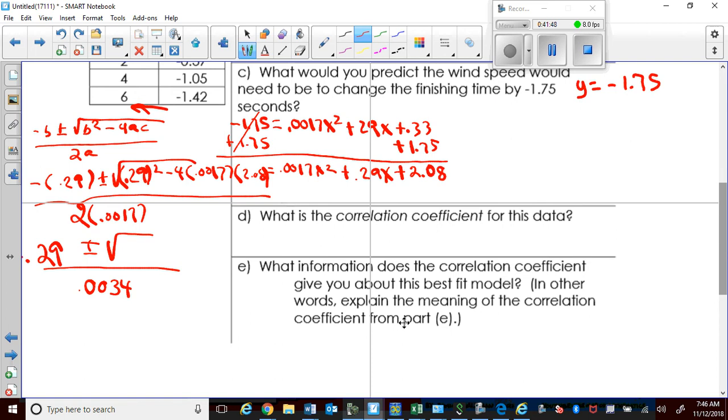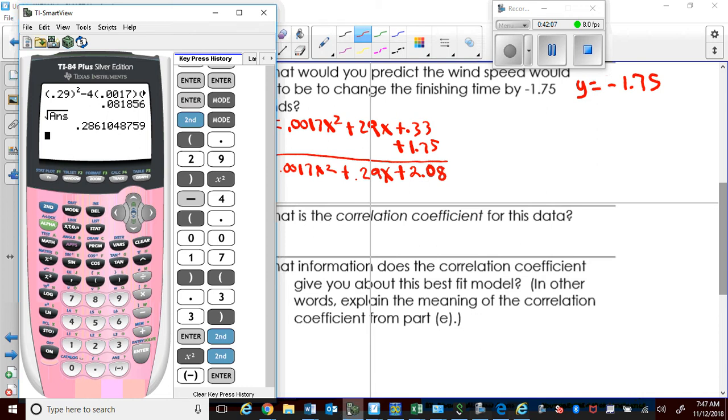So over here in the margins, I get 0.286. I get negative 0.29 plus 0.286 as one of my answers. Let's see what we have here.